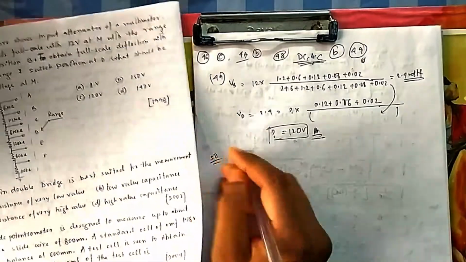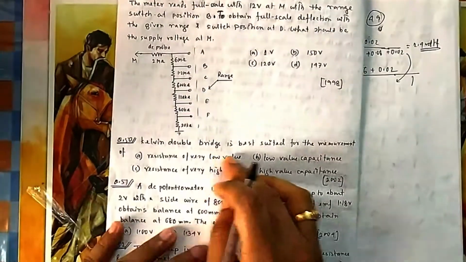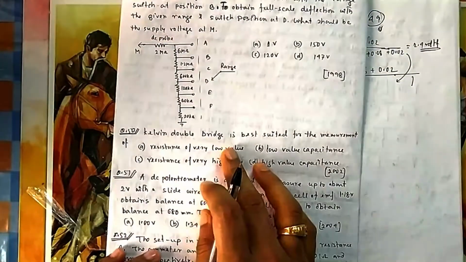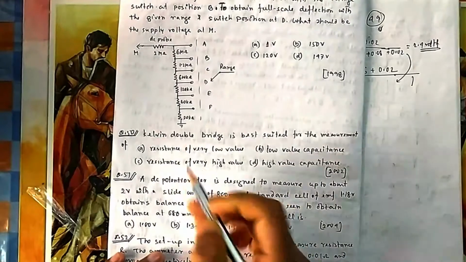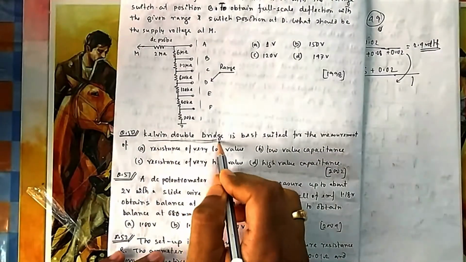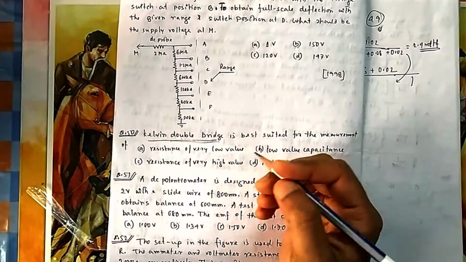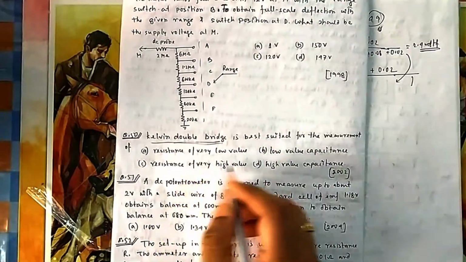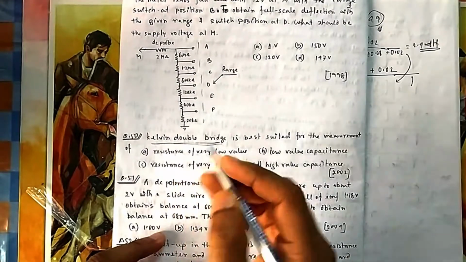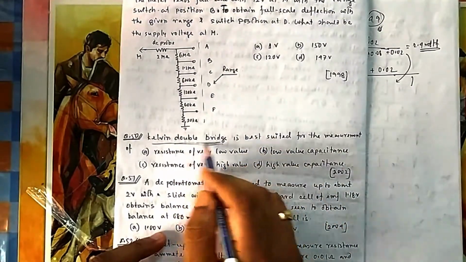Now if you come to question number 50, the Kelvin double bridge is best suited for the measurement of... Again, this is the same question repeated. Kelvin double bridge is a very standard question for resistance. First you have the Wheatstone bridge, then you modify it into the Kelvin double bridge. It is for resistance of very low value. What is the idea in the Kelvin double bridge?